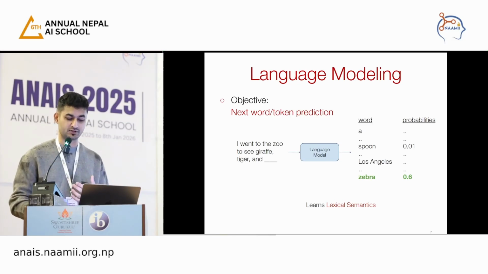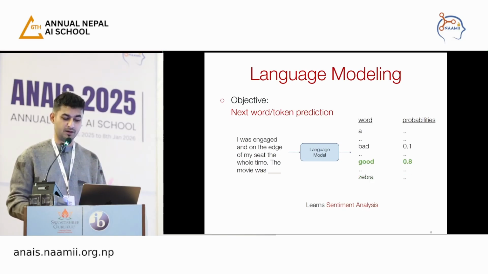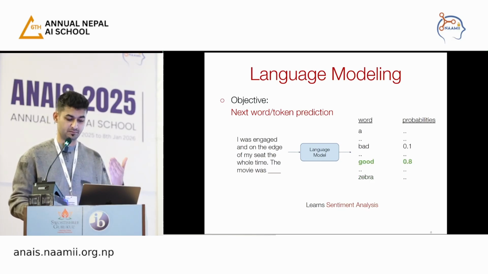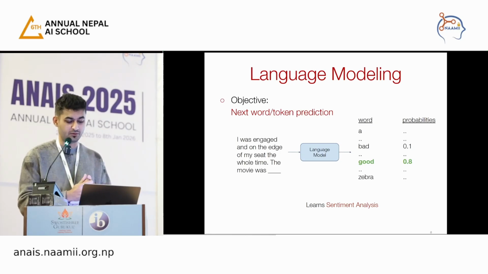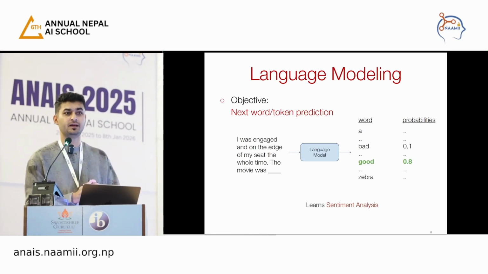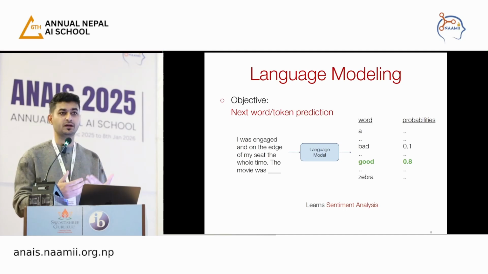Many tasks such as sentiment analysis can also be formulated in the next word prediction framework. Like, I was in a movie, I was on the edge of my seat the whole time, the movie was, and the movie is good.